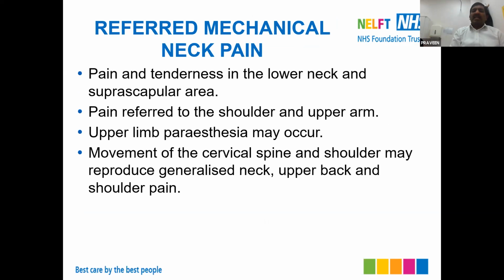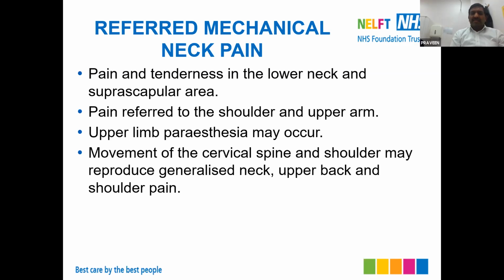Now, referred mechanical neck pain. There are a lot of patients we see in clinic who have pain in the shoulder and arm. They indicate that their pain is here. So pain in the upper arm could be as a result of either a rotator cuff pathology or a glenohumeral joint pathology, or it could be referred from the neck as well. Patients also report pain in the middle and upper fibers of trapezius, and also report pain in the lower neck and suprascapular area.